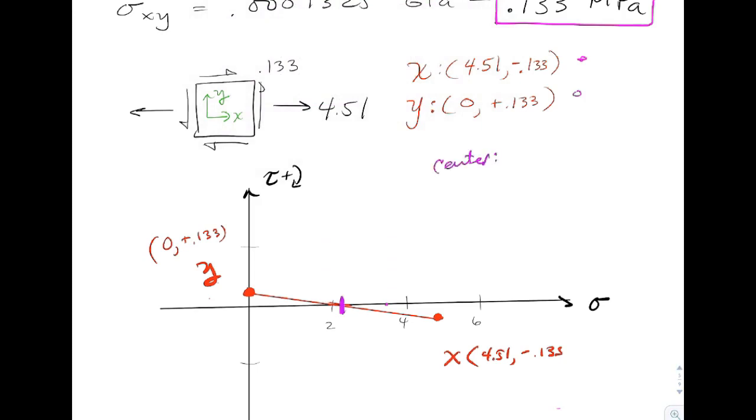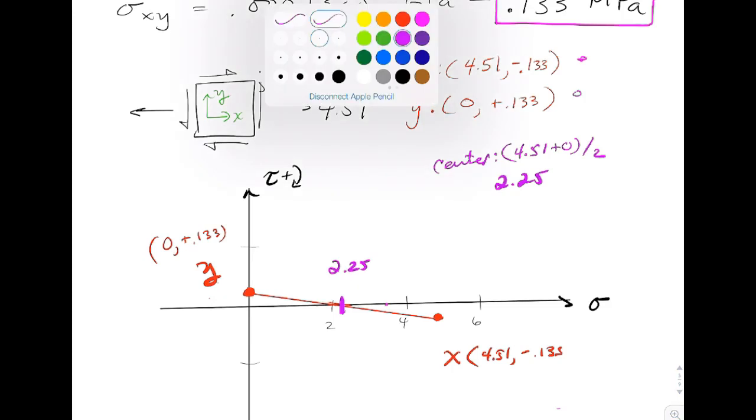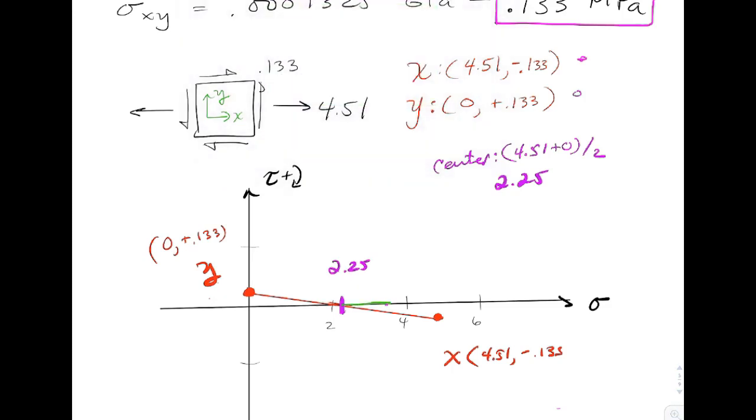So the center is going to be at 4.51 plus 0 divided by 2, just the sigma average. So that's going to be at 2.25. I'm just going to go ahead and label that, because that sometimes helps me keep track of my sides. That's going to be radius r.